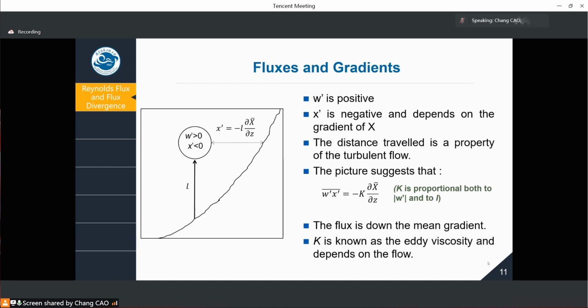And why does it have the opposite sign? That's because of this: x prime has an opposite sign of the gradient here. So that's why finally the Reynolds flux has the opposite sign as the gradient. So their relationship is on the opposite side.